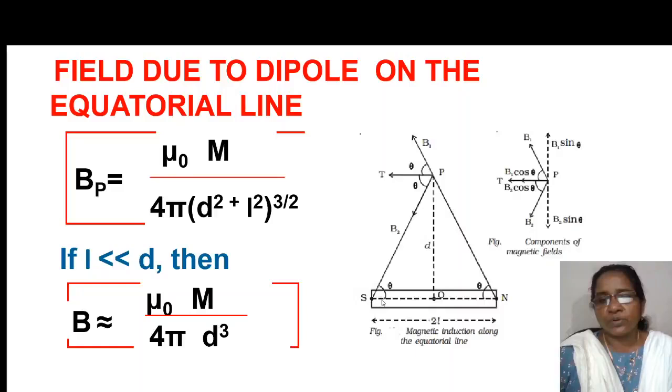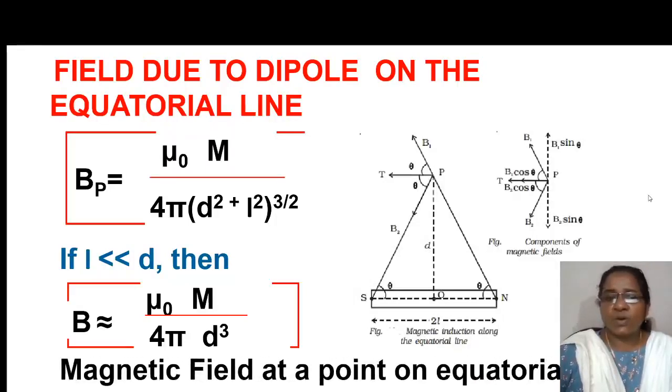Here is the south pole. The magnetic moment is directed from south to north. Now we have got the intensity of magnetic field along this direction. What is the relation between their directions? They are opposite. So here on the equatorial plane, the magnetic field is opposite to that of the dipole moment.